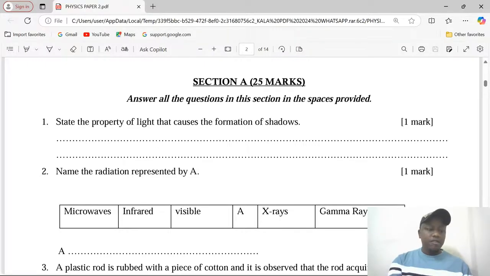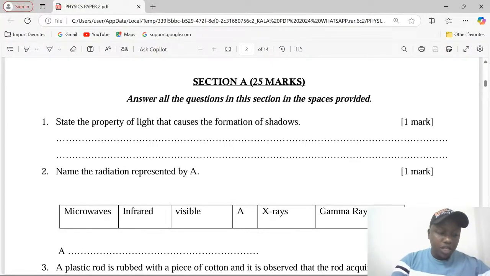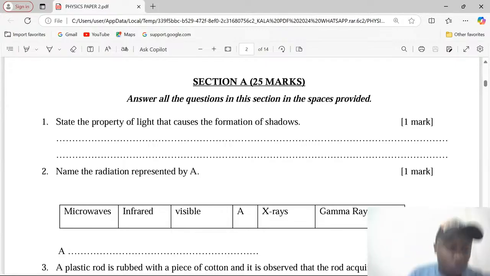So the ability of light to travel in straight lines is what makes light form shadows whenever objects block the path of light. So I hope that one is understood. We say that this is called the rectilinear propagation of light.